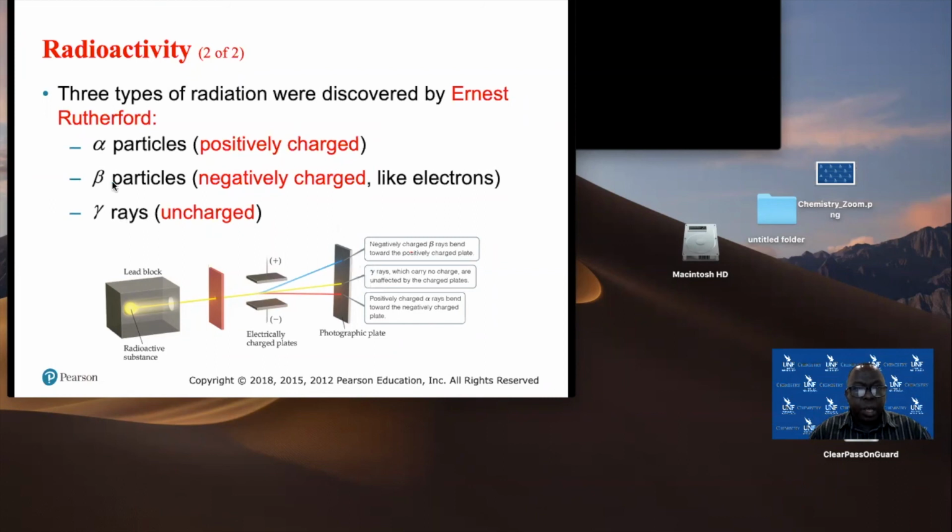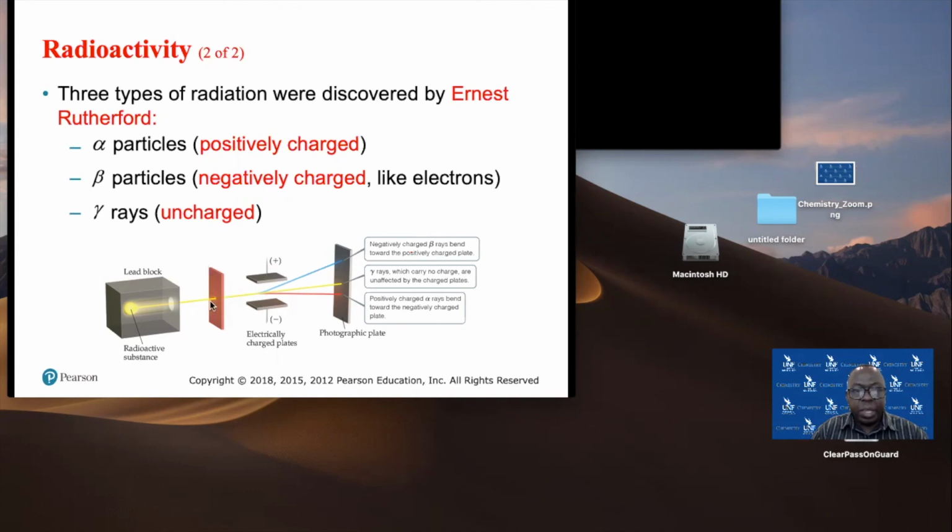The alpha particles, which are positively charged, bounce back because, from classical physics, positive and positive do what? Do repel. And because these are positively charged, we have positive what?